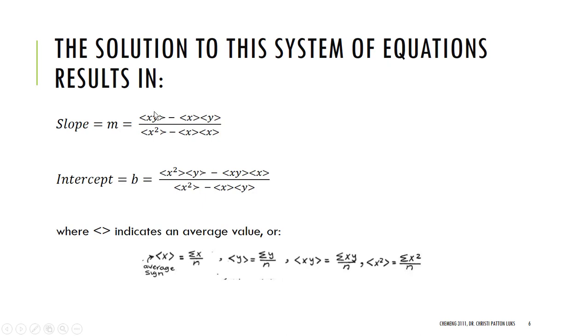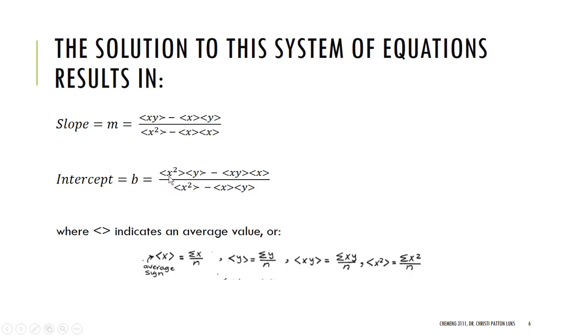So the average of my x, y's minus the average of my x's times the average of my y's, divided by the average of x squared, so I have to square each term and then add them up, minus the average x quantity squared. So I average the x's and then square that answer.